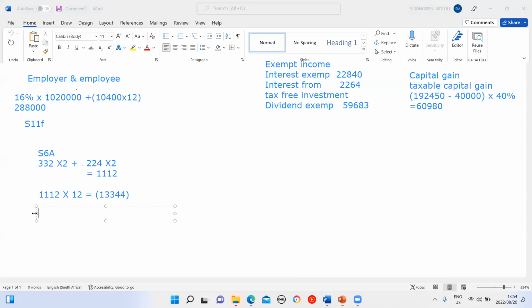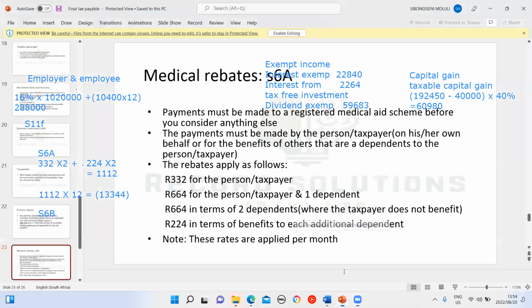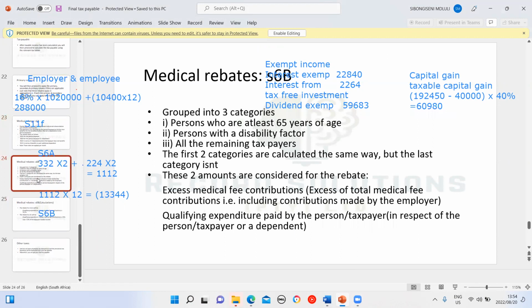Then for section 6B, remember that it was the excess medical aid contributions above your section 6A rebates. Remember these rates are applied per month, so 9%.